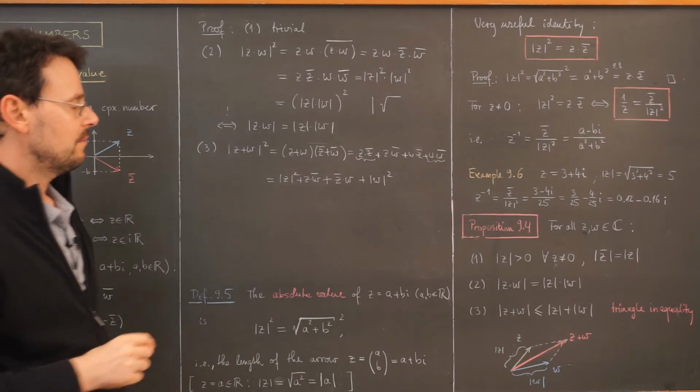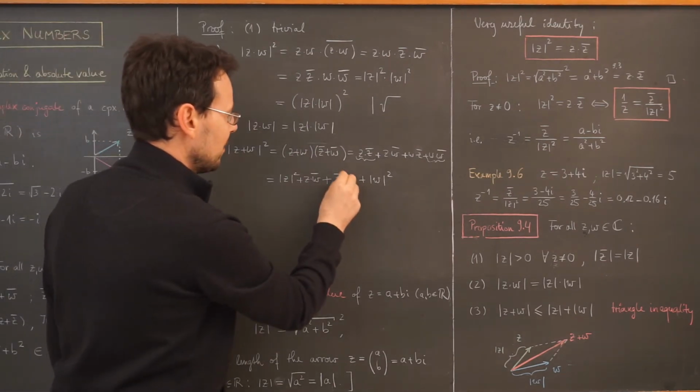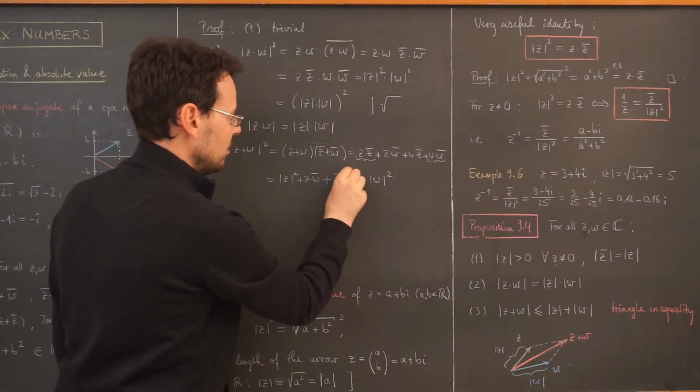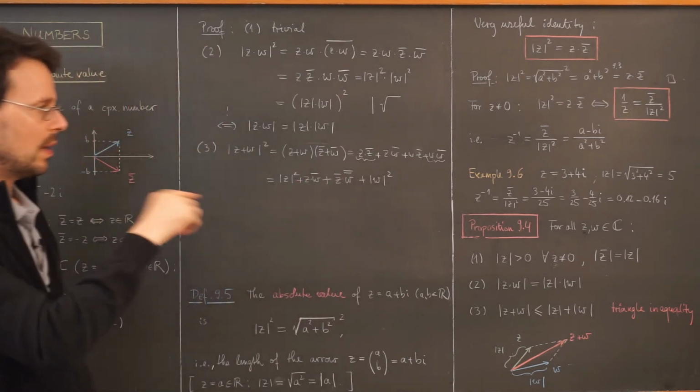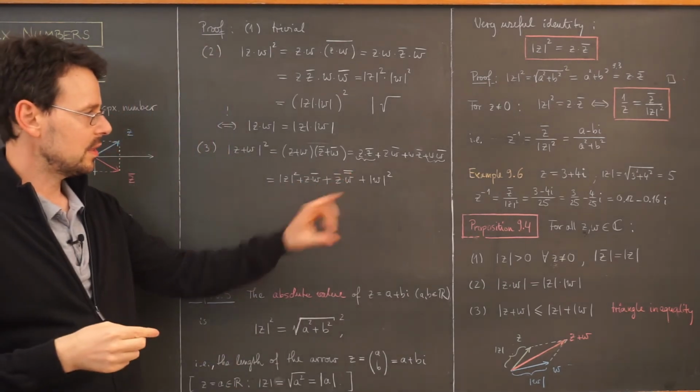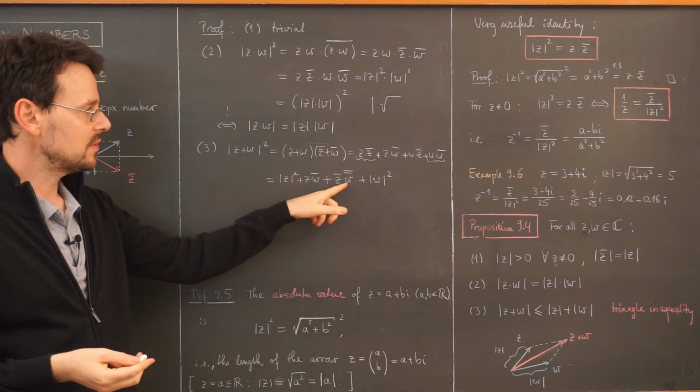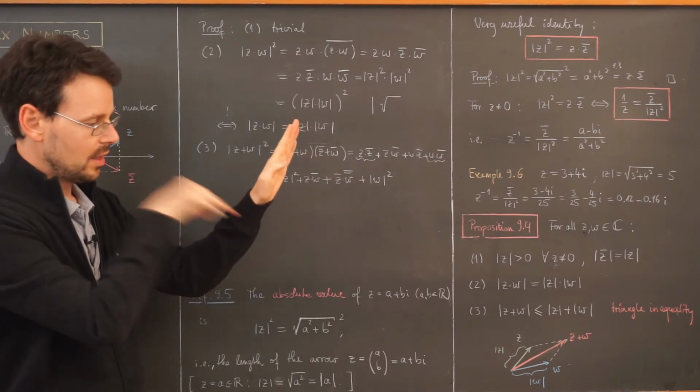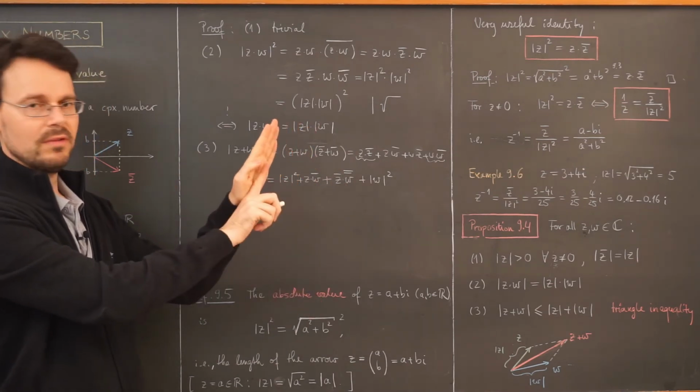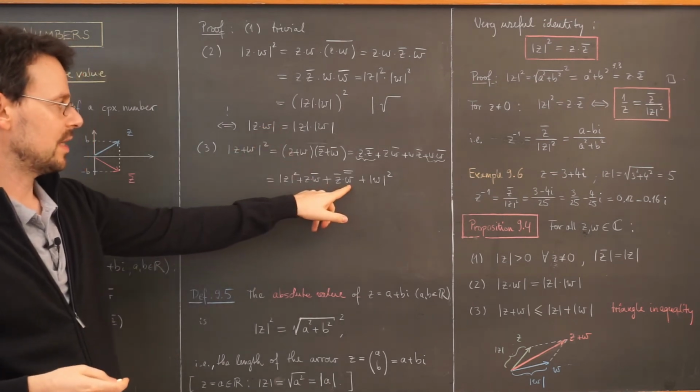And now comes a very mean little trick. w is the same as w bar bar, because obviously conjugating twice leaves the number the same, because I reflect on the real axis and reflect again, so I end up with the same number.